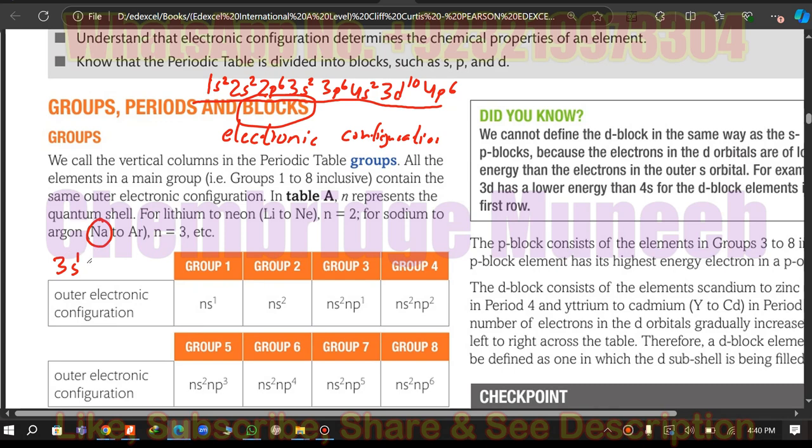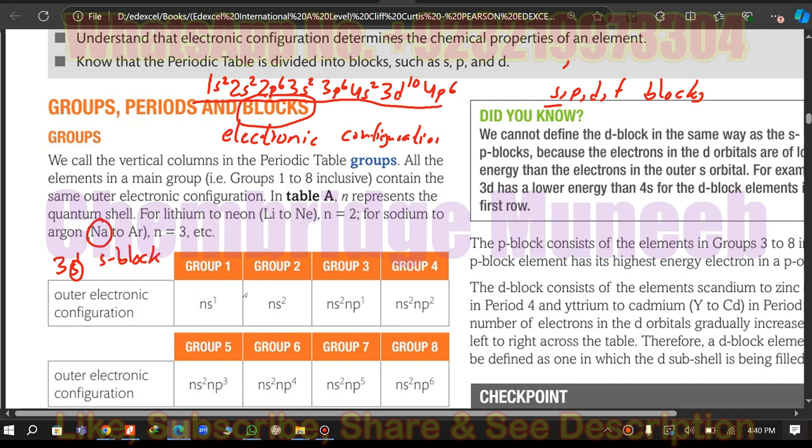This last subshell is s, so the element belongs to the s block. The periodic table is divided into 4 blocks: s, p, d and f, according to the electronic configuration of the atoms. The subshell where the configuration terminates gives the block of that element.